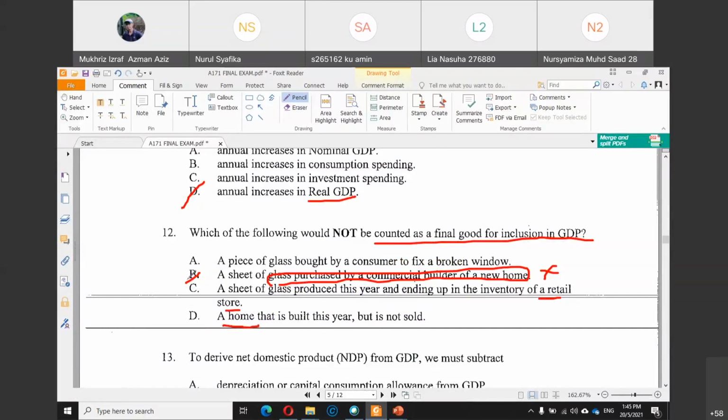Only B refers to an intermediate good, because the glass is used by a contractor to build a new home. So B is part of the problem of double counting. As long as that input is used as part of the production process, you cannot include it in the GDP calculation.